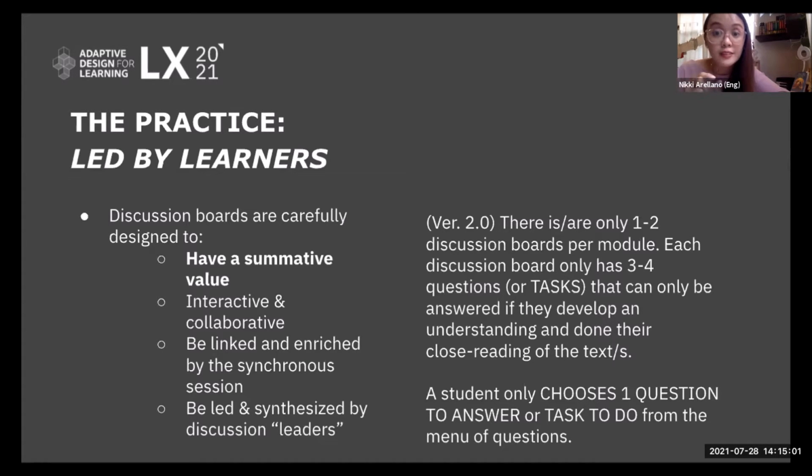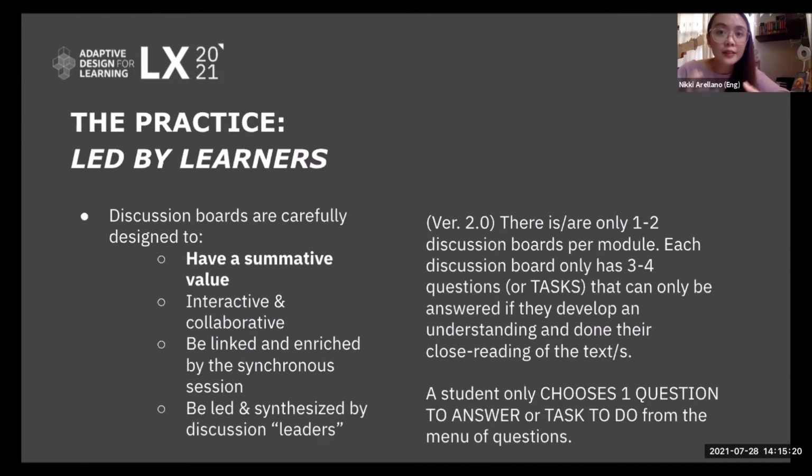I would like to emphasize the tasks because not all of the things in the discussion board are questions, but some of them are things they can do to integrate the digitalness of the medium. I'll show an example later.